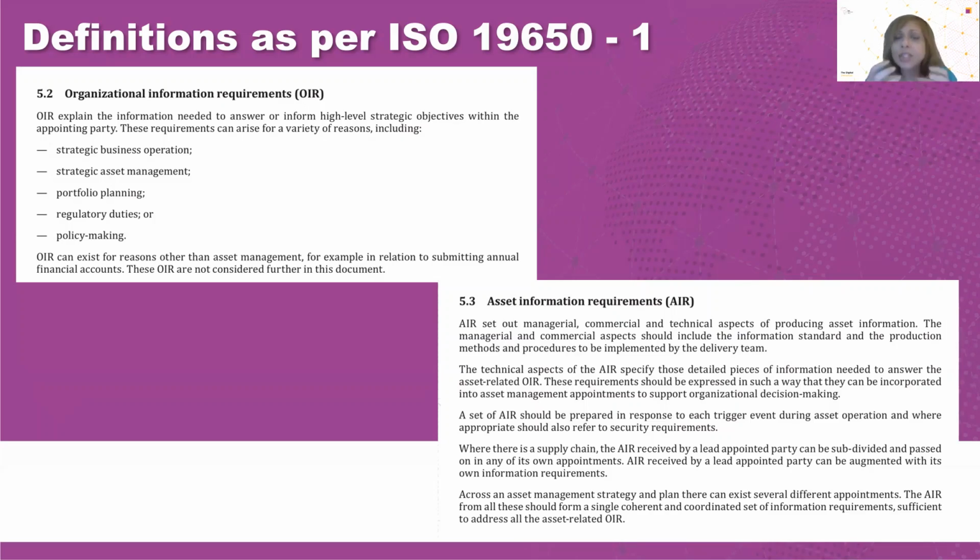So what information do I need to collect about the components and the systems, the absolute individual components and systems of that asset? As you can see, this goes into a more granular level, where we are no longer at a high strategic level in the OIR, which stipulates the business objectives, but the AIR goes into details of the information of the actual components.